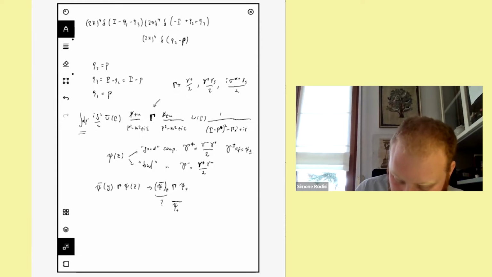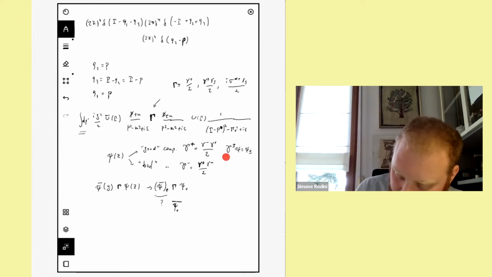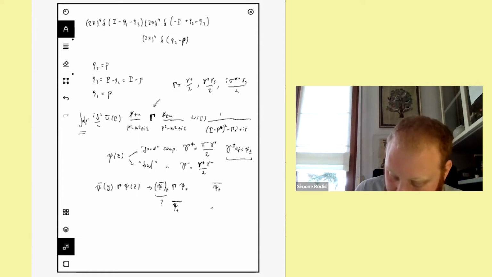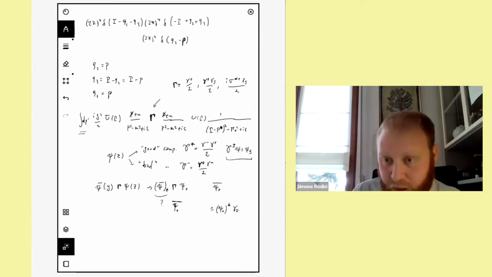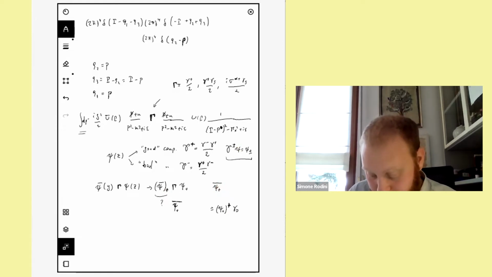Usually what you should do is put the plus under the bar, because if you take the bar of this object, this is equal to taking psi plus dagger with the gamma 0, and I leave it to you to work out the algebra. And you will see that, if you use this definition, psi bar plus component is the bar of the projected plus component of psi. So you use this way of computing it, and you actually see that this relation is true.